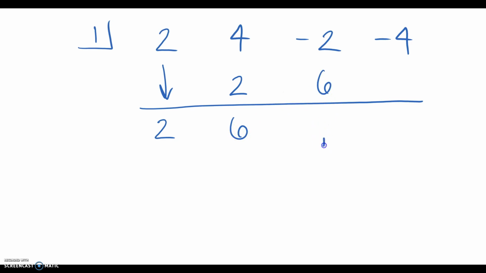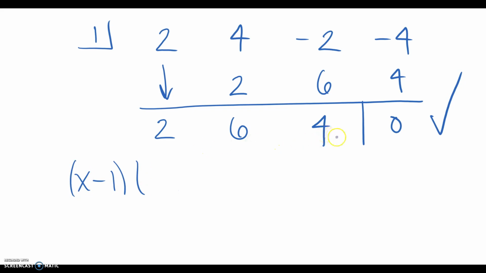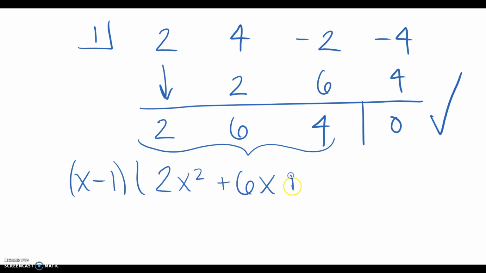Negative 2 plus 6 is 4. And 4 times 1 is 4, which means we have a remainder of 0 right off the bat, which is super nice. So this is going to factor to be x minus 1 times what we're left with. So 2x squared plus 6x plus 4.